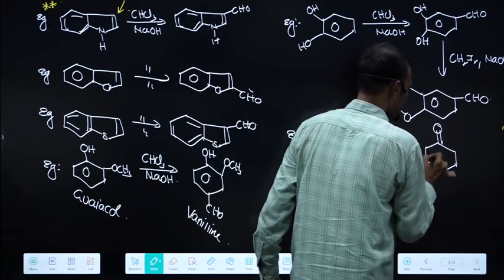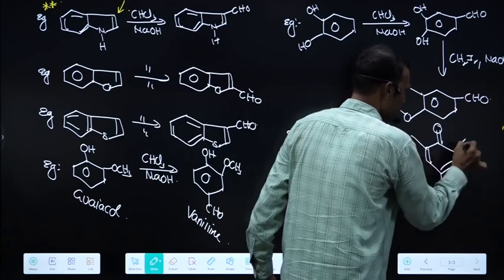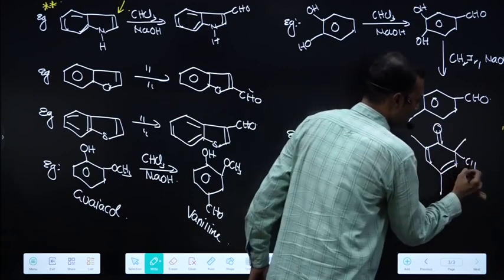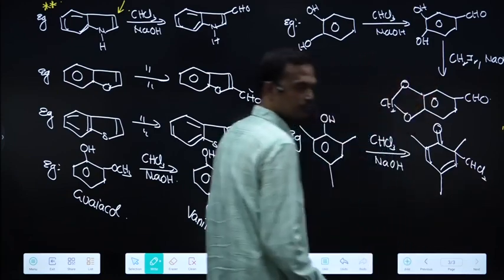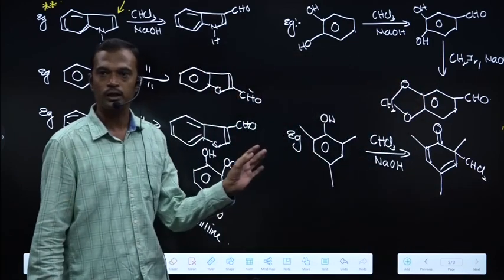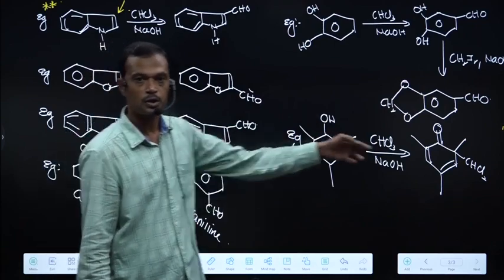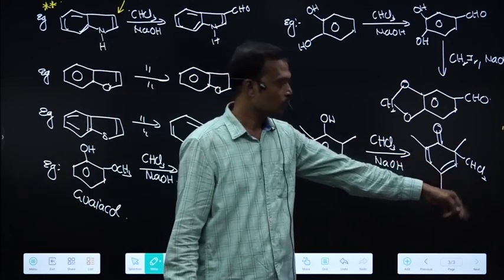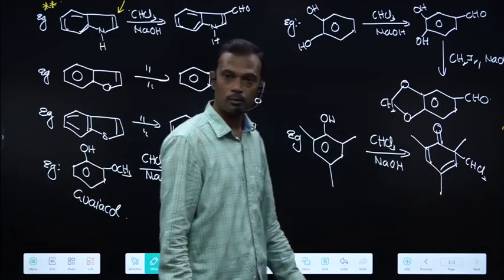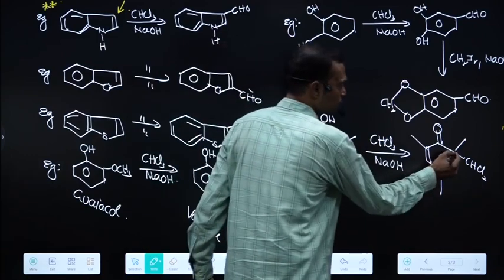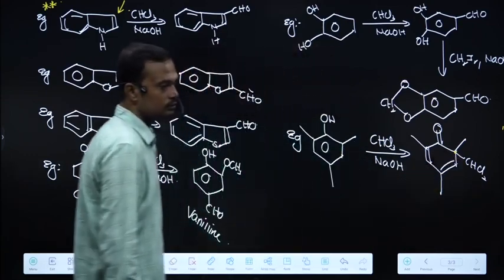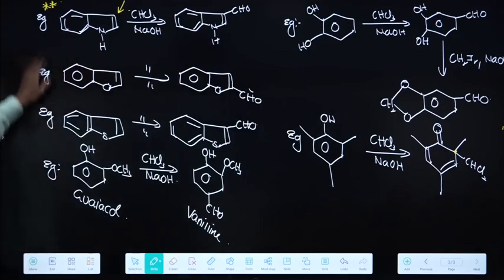So you will get C double bond, methyl and methyl. There is no hydrogen and CHCl2 will be developed. There is no further tautomerism. The reaction stops here only. So the molecule will not attain aromaticity, because of the absence of proton. The dichloromethyl compound is your final answer.